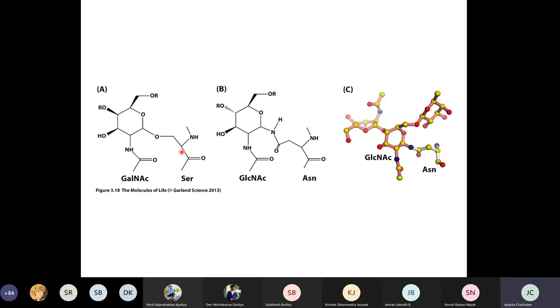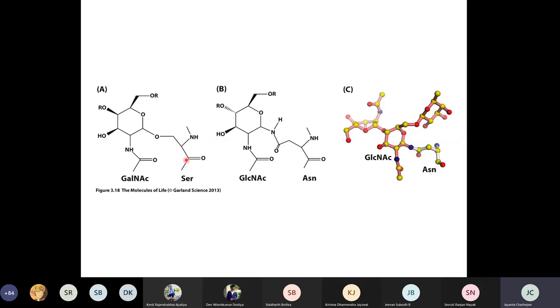Now, because of the presence of a free hydroxyl group, you can imagine that when you form a glycosidic bond, the hemiacetal form, for example, the anomeric center engages in the formation of a glycosidic bond with another sugar molecule where there is also another hydroxy group, right? For example, you have C3 or C4 hydroxy groups. They engage in the formation of a glycosidic bond. The same thing here.